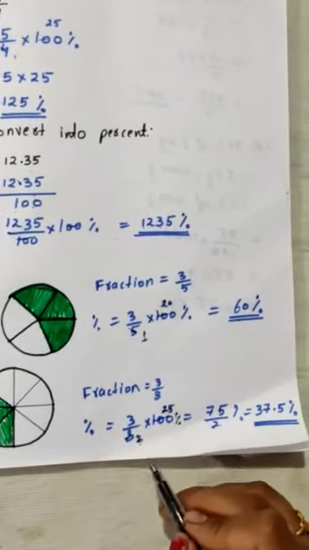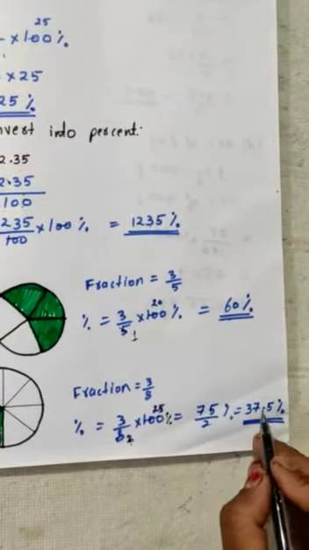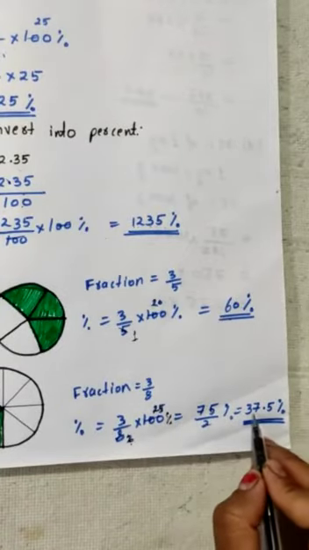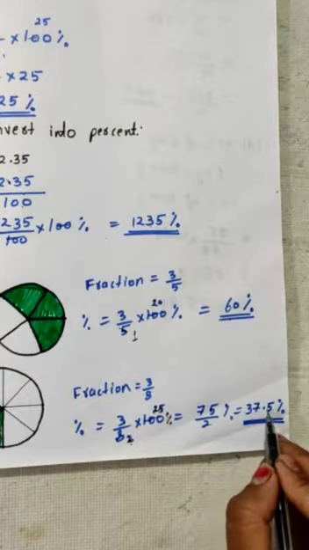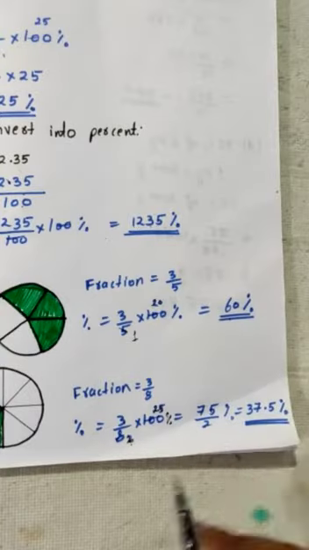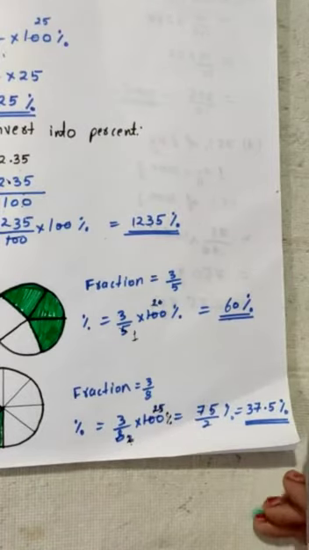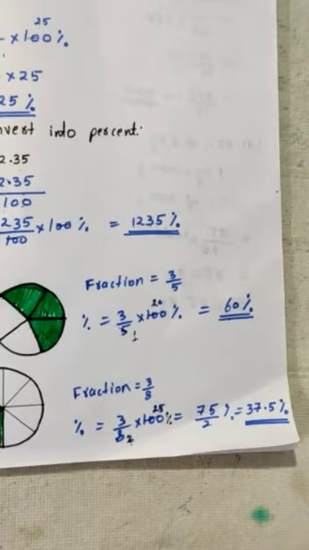You can just leave it like this, or divide it. 75 divided by 2 will give you 37.5. So the fraction which is shaded over here is 37.5%. The first part of this question is remaining, which you have to do on your own.